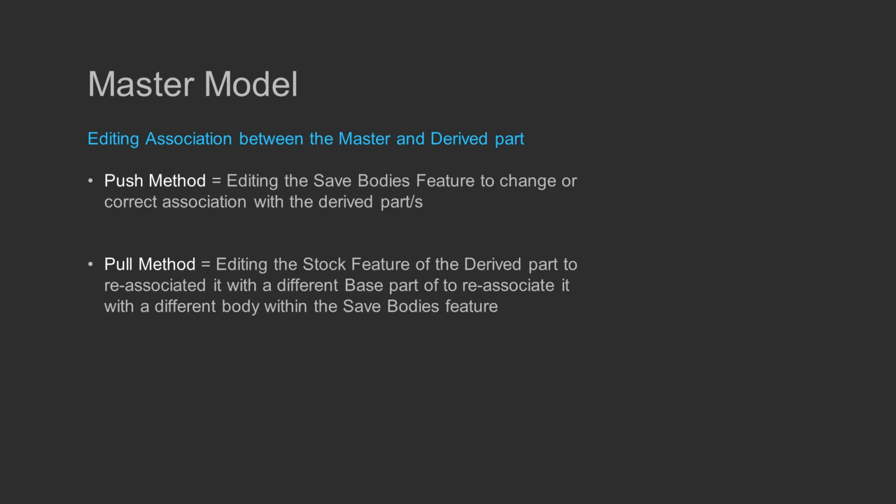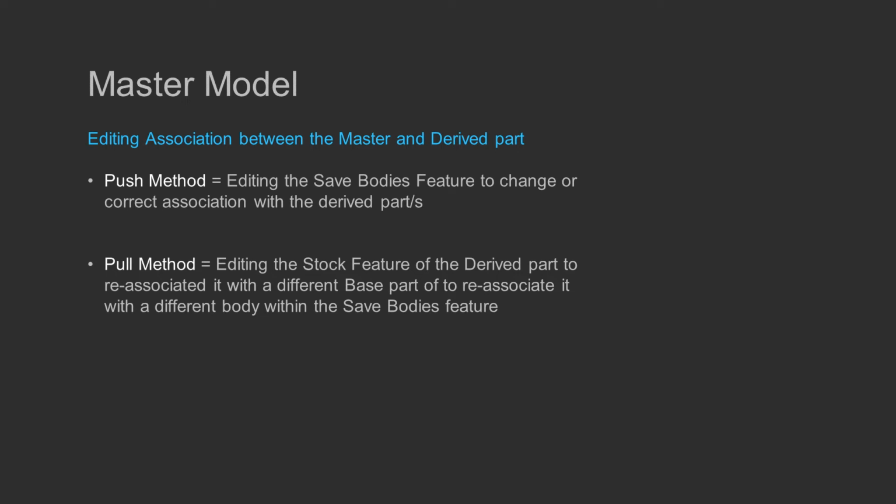Now, when it comes to editing your derived or master model, there's two general ways of doing that, and they're called the push and pull method. The push method simply is editing the save bodies feature in the master and changing its association to a derived part or another derived part.